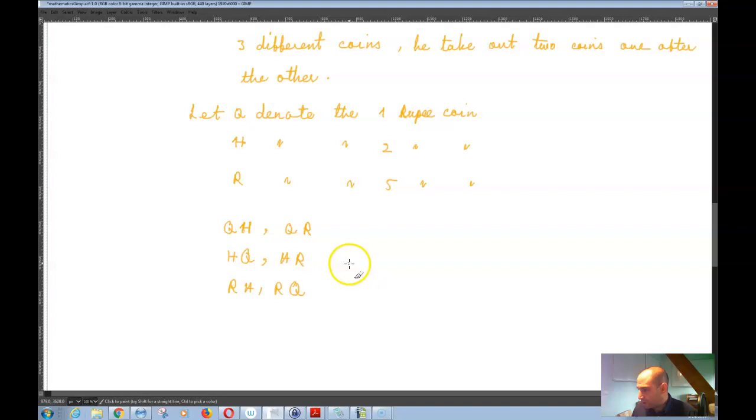So then the sample space, which is equal to S, would be QH, QR, HQ, HR, RH, or RQ. That is your sample space.